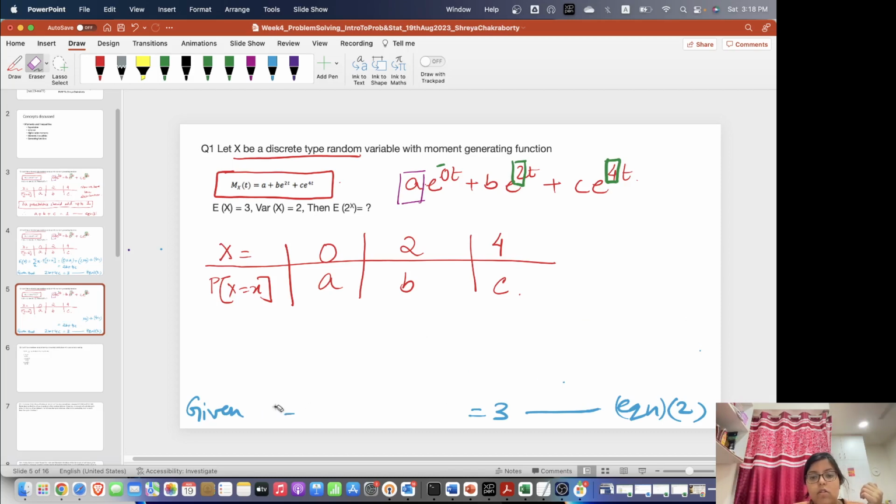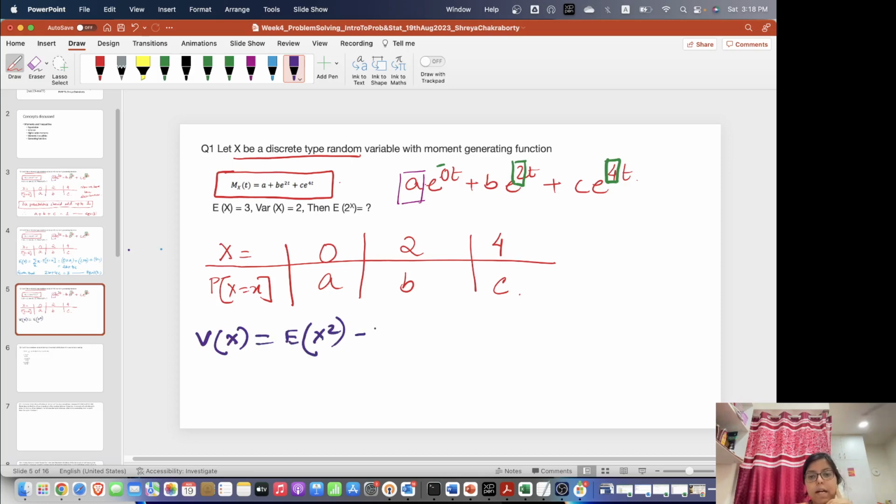Yes, that's correct. So we'll just write down first how the variance of x equals expectation of x square minus expectation of x whole square. Expectation of x is already given. So then we have expectation of x square minus expectation of x squared, that is 9.